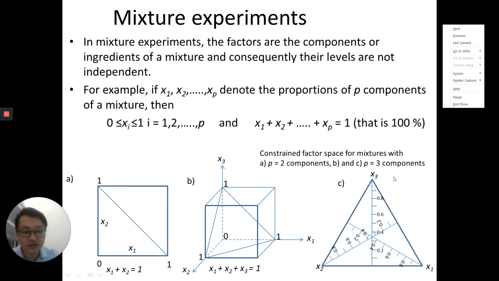If you have three components, then you will have B and C designs. Okay, what is the difference between B and C? It will be the proportions. Let's say B has less proportion and C has more proportion.